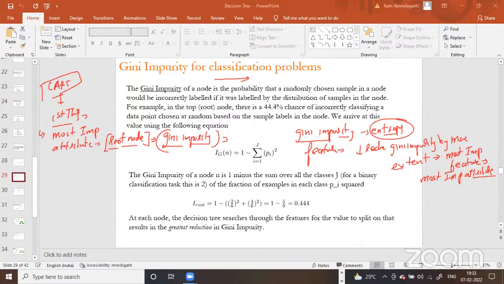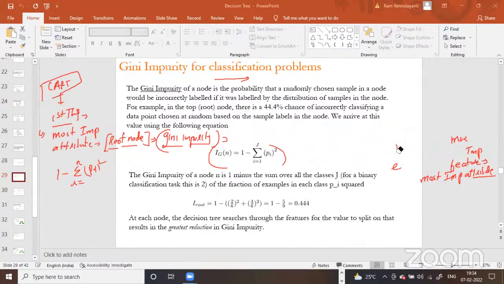So whichever feature reduces our Gini impurity by the maximum extent becomes our root node. How are you going to calculate your Gini impurity? What is the formula? 1 minus sigma i equals 1 to n of p_i squared. So for example, let us consider one small group and find out the Gini impurity for that.